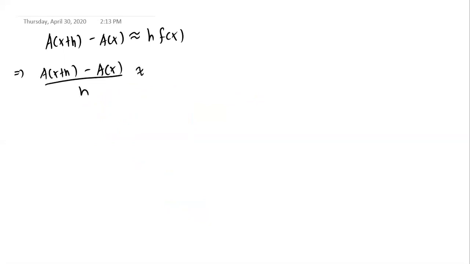So this is approximately f of x. Now, hopefully this looks familiar. Remember, A is a function, right? A is a function of x, where what's changing is the input, but it's a function of x. What does that look like? And if it's not clear yet, let me do something else. Let's say I take the limit as h approaches 0 of both sides.